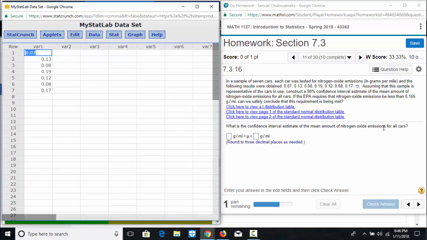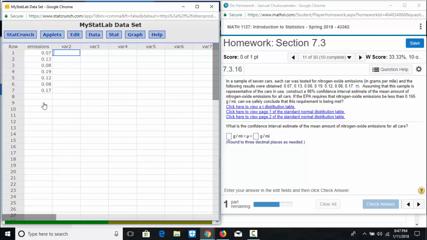Here they didn't give us the sample mean and the sample standard deviation, so that's fine. I like to name my variables, so I'm just going to call this emissions. If you don't name it, that's fine, but I like to name mine.